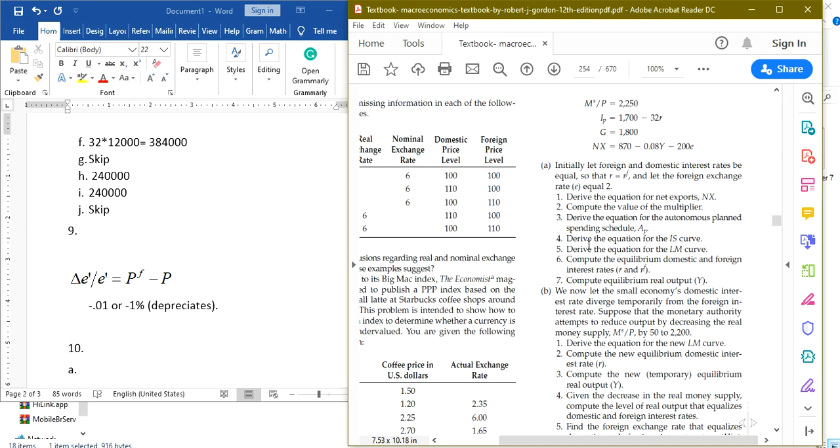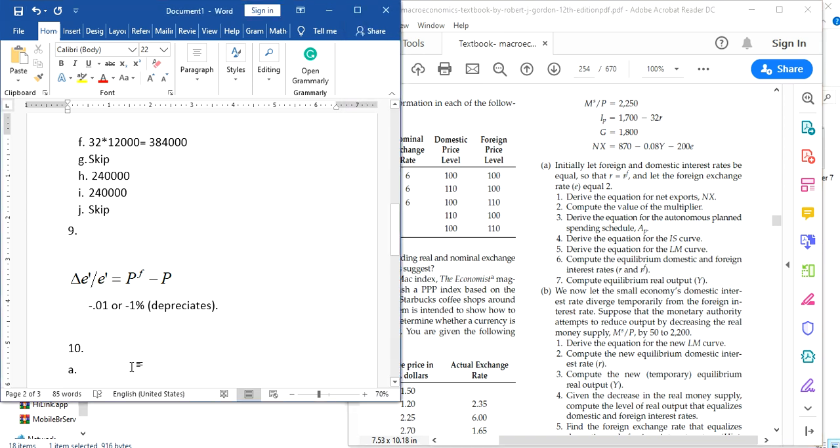Initially, let the foreign and domestic interest rate be equal, so R equals RF, and let the exchange rate E equal 2. Derive the equation for net export.